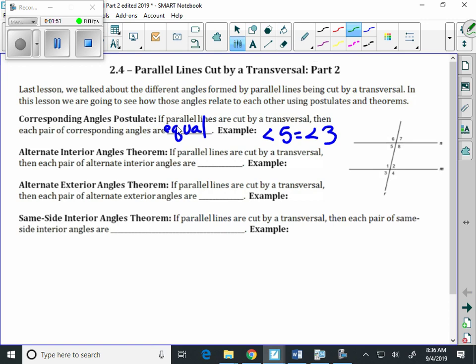If parallel lines are cut by a transversal, then each pair of alternate interior angles are going to be equal as well. If I stick with angle 5 here, which is inside the parallel lines, so here's angle 5 and angle 2, those are the alternate interior angles, then angle 5 equals angle 2.